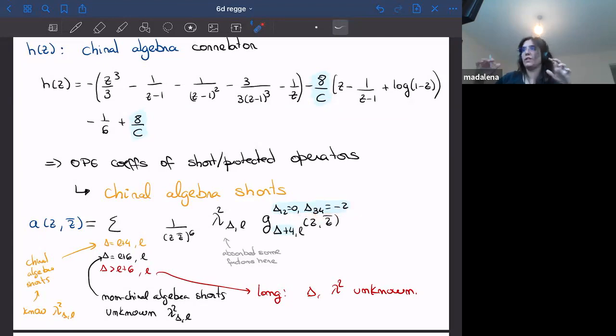So even though we're considering the 4-point function of 4 identical scalars, all of the same dimension, for this function, we actually need to use blocks that have these shifts here. So these are, in essence, the super blocks.